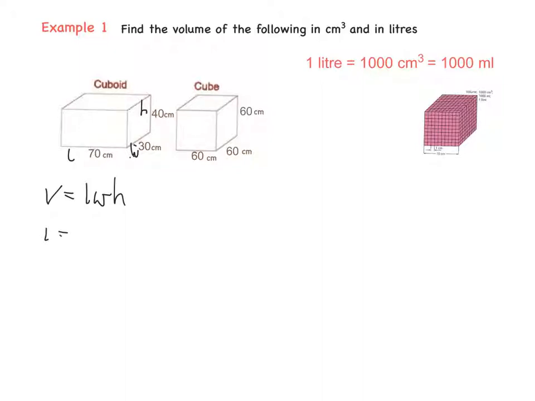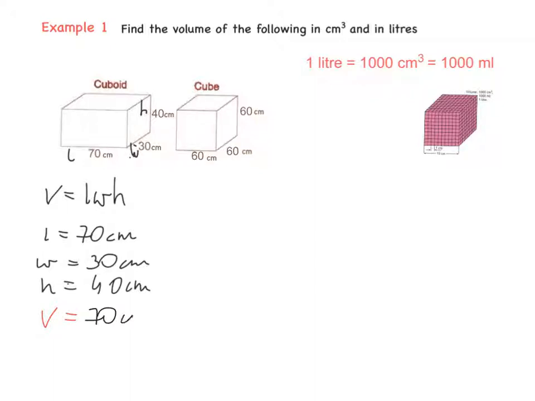So we have L is 70, W is 30, and H is 40 centimeters. Then the next step is put all these numbers into the formula. So instead of the letters, use the numbers. So now we have 70 by 30 by 40.